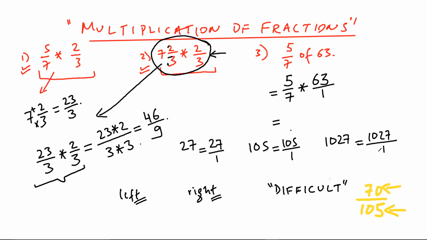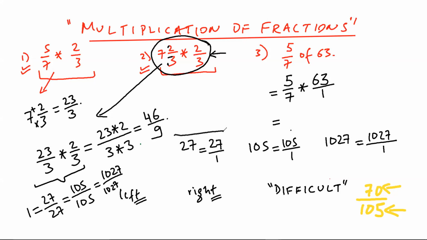Sarthak, is there a problem? No, sir. I can also write 1 as 27 upon 27 is equal to 105 upon 105 is equal to 1027 upon 1027.